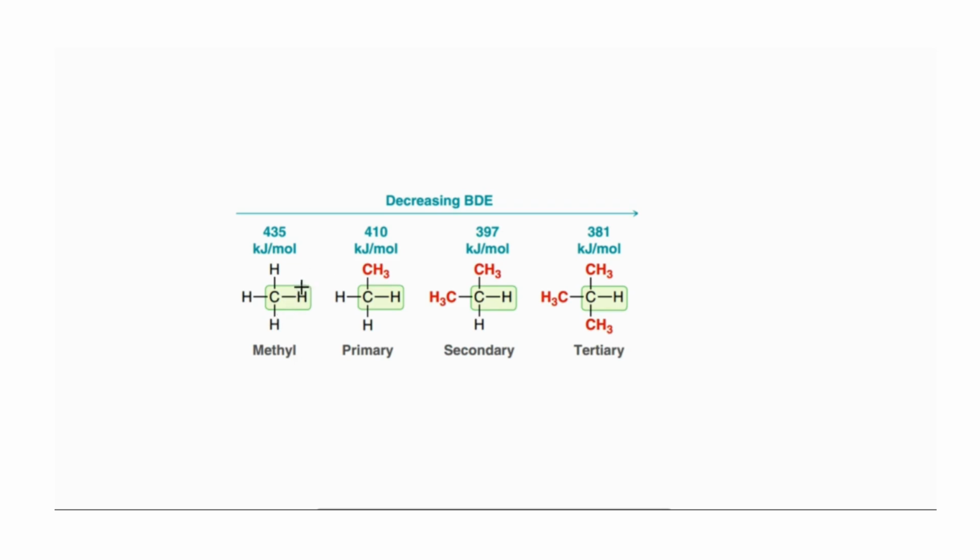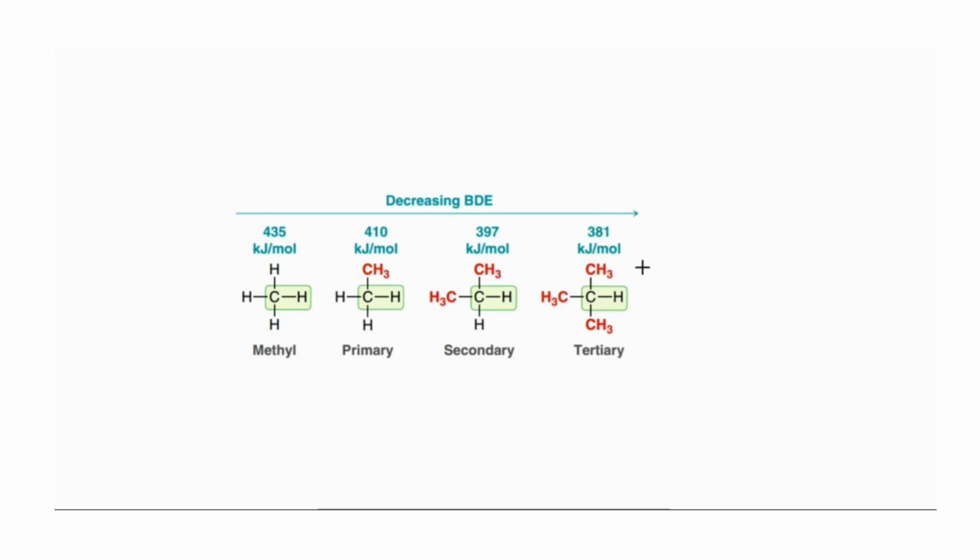The bond dissociation energy required to form a radical here is 435 kilojoules per mole. The primary hydrogen requires 410. At the secondary hydrogen, the radical formation requires 397 kilojoules per mole. But the tertiary hydrogen, to cleave that C-H bond, requires 381.